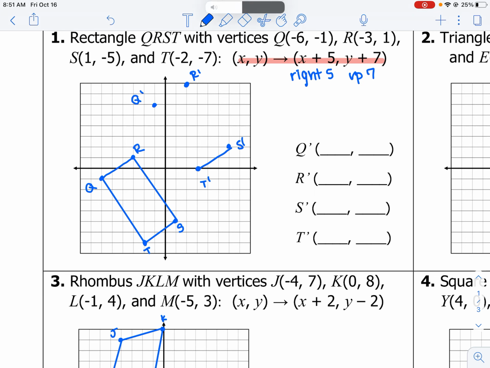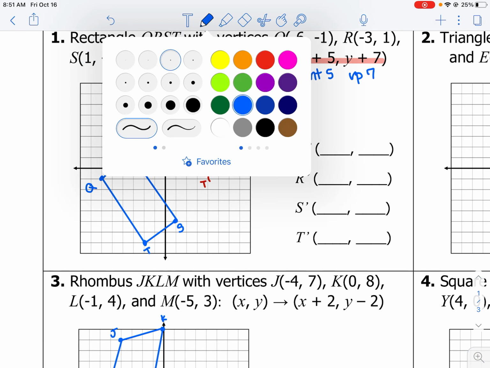And then I just connect it. Probably should have done that in red. We're going to go ahead and switch that to red so y'all can see the difference. All right, so that's my image now.